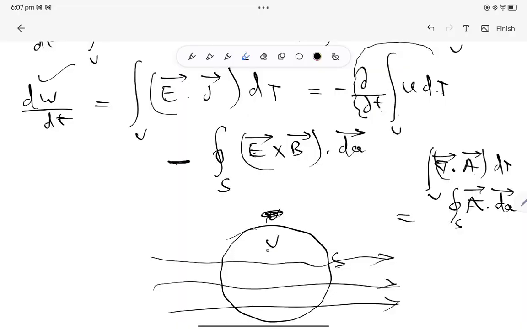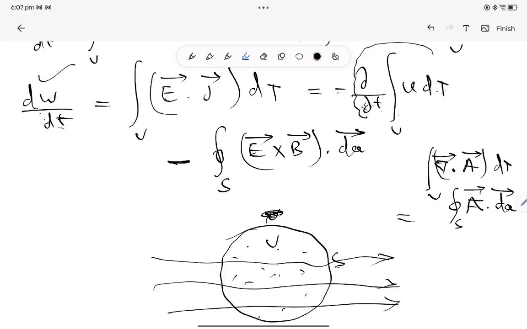Why? Because there may be charges and currents inside this, and these fields may do work on those. Work done is given by this. So, since this is minus, the rate of decrease of total energy density is equal to the rate of doing work per second on those charges.